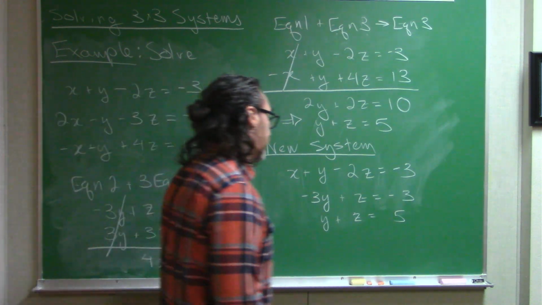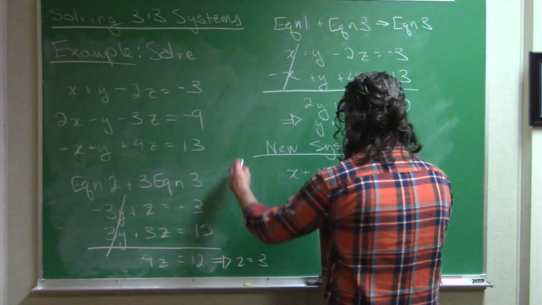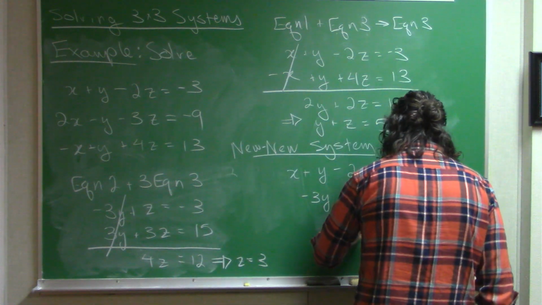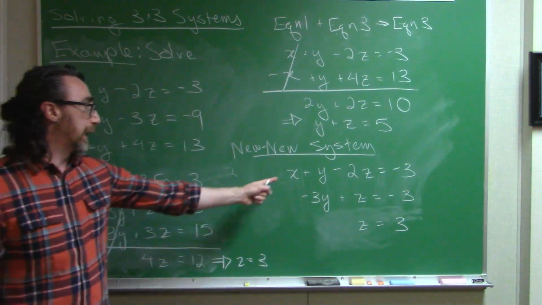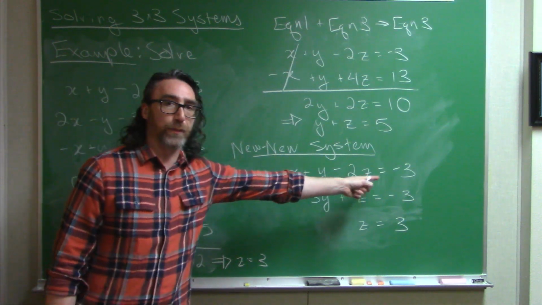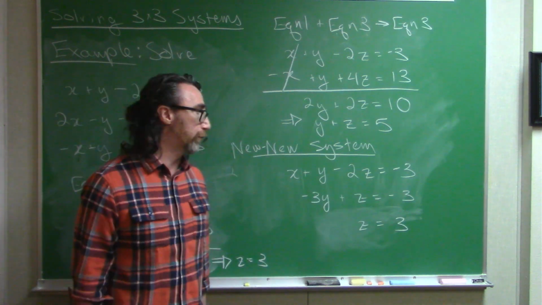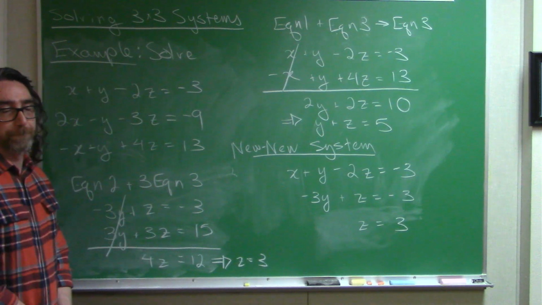So, now that gives me a new equation 3. So my new system is x plus y minus 2z equals negative 3, negative 3y plus z equals negative 3, and finally z equals 3.